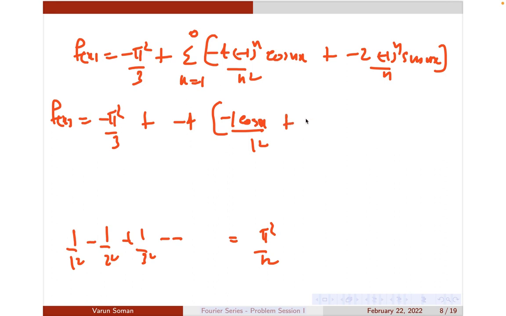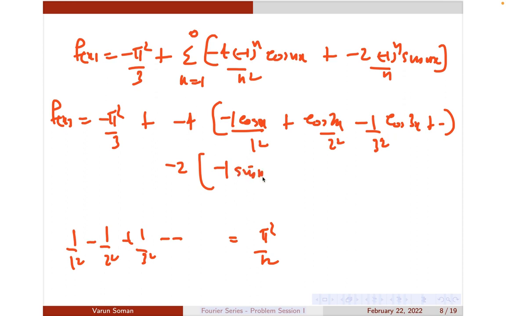So plus cos 2x by 2 square. Again, when it is 3, it is minus 1 the whole cube. So it is minus cos 3x by 3 square plus etc. And for sine terms, the expansion is, if I just take minus 2 outside, it will be minus 1 sin x by 1.